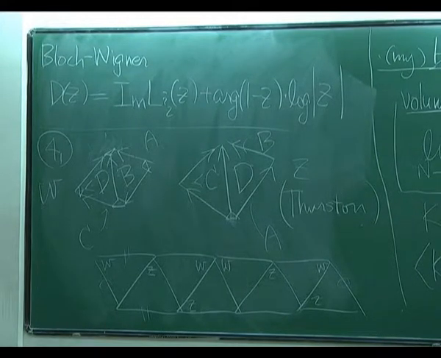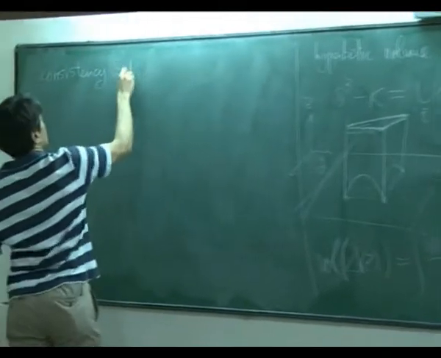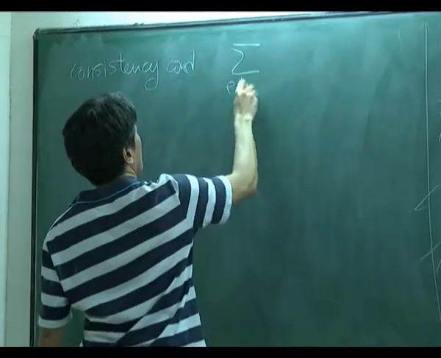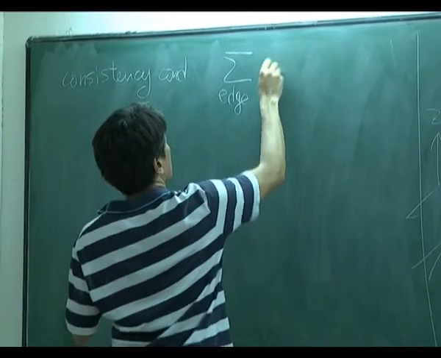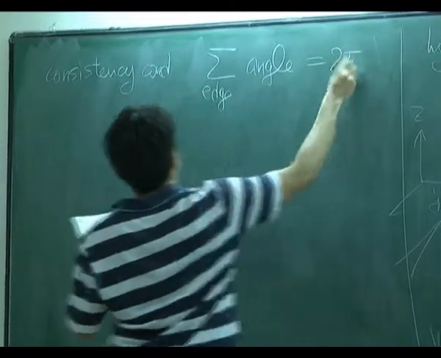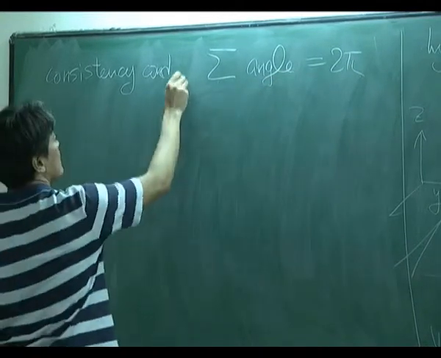So to fix W and Z, we need consistency conditions. It means that the angle around each edge must be unity, for each edge.